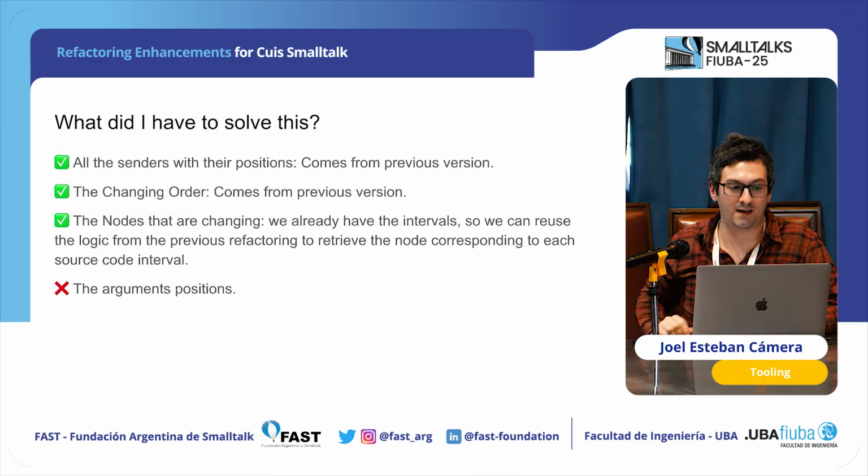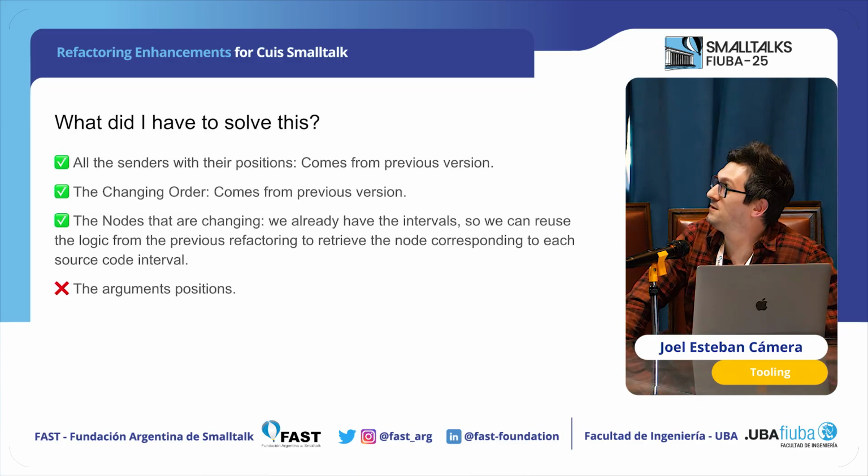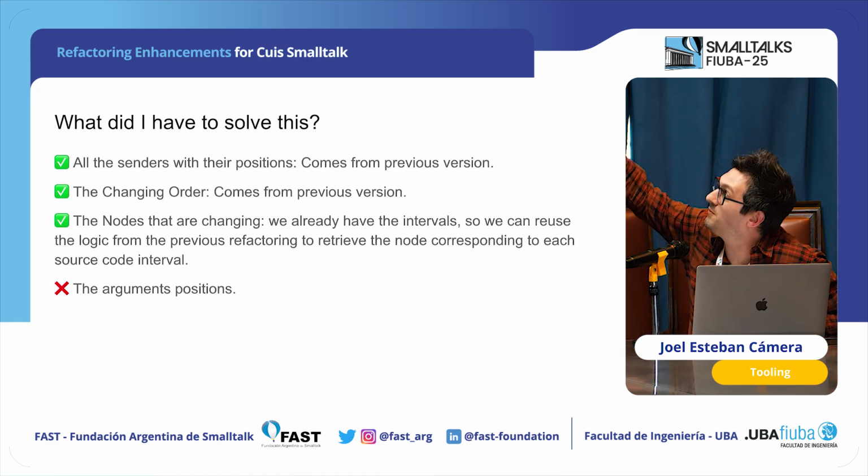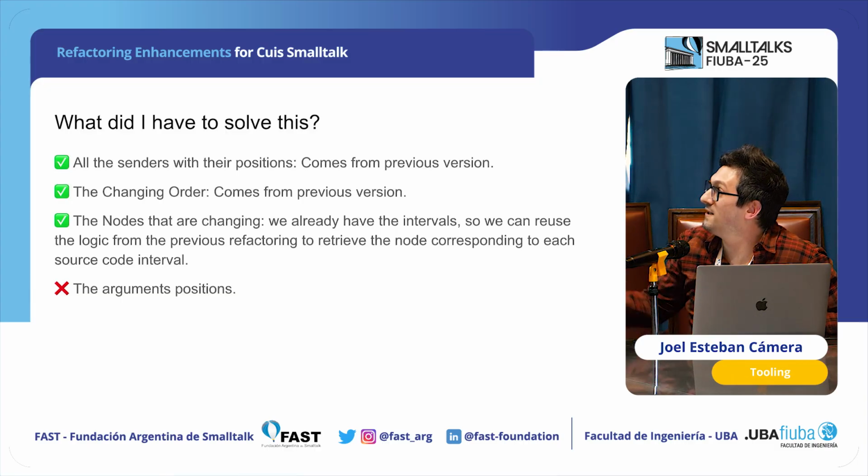So this was almost done. I have all the senders. I have the change in order. I have the nodes that are changing, but I didn't have the argument positions.